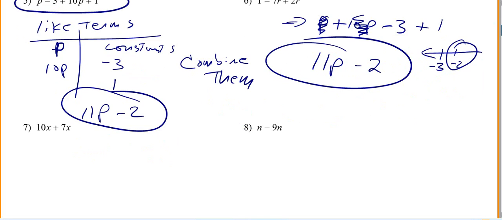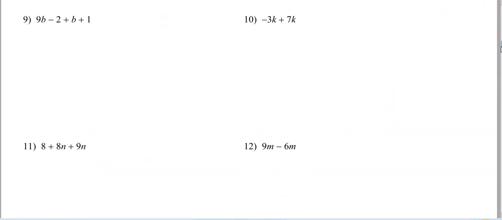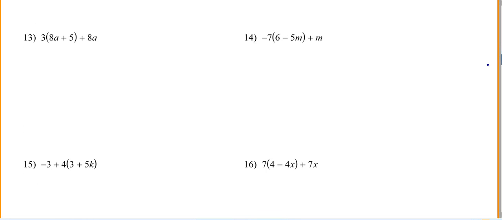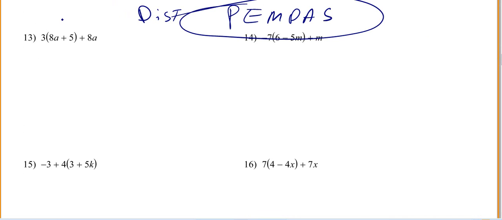Let's do one more example. Number 13 looks good. Here we're going to have to distribute first, because remember, PEMDAS: Please Excuse My Dear Aunt Sally. So we're going to take this 3 and multiply it by 8, 8a.